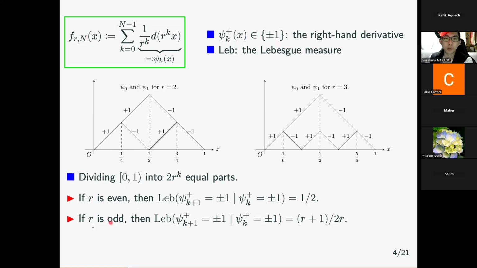For general odd r, provided that psi_k plus equals +1 or -1, the probability that psi_(k+1) plus takes the same value is (r plus 1) over 2r.